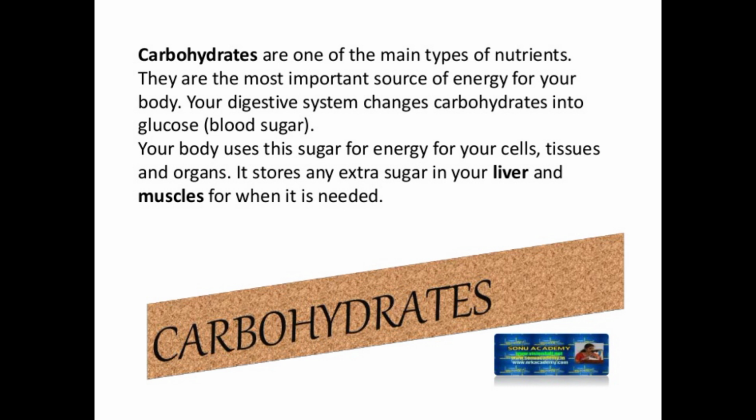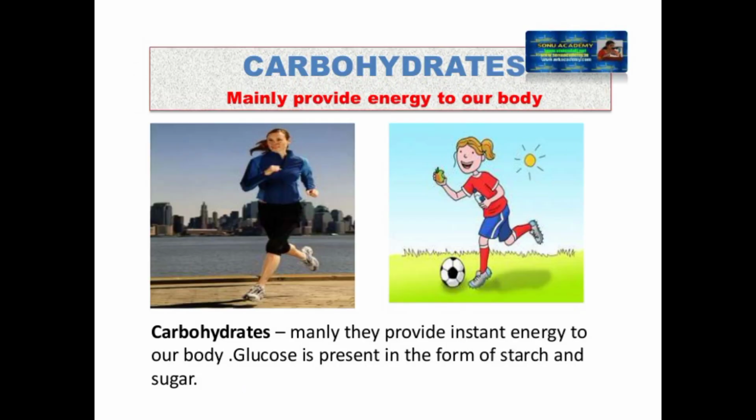Blood sugar is then converted into energy. Extra energy is stored in our liver and muscles in the form of glycogen, and in plants, extra carbohydrates are stored in the form of starch.